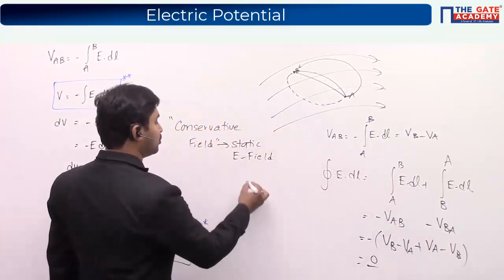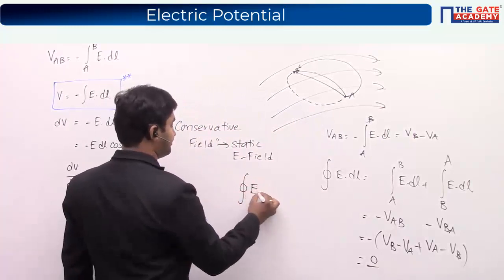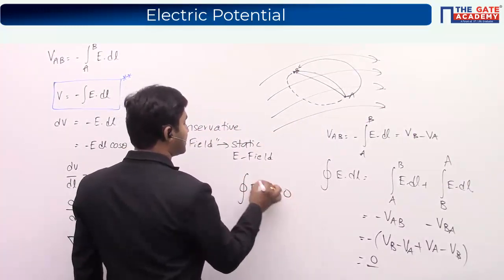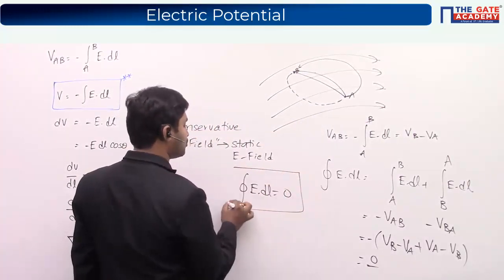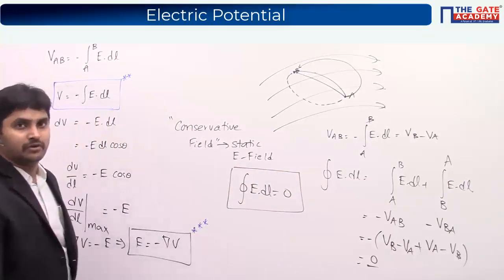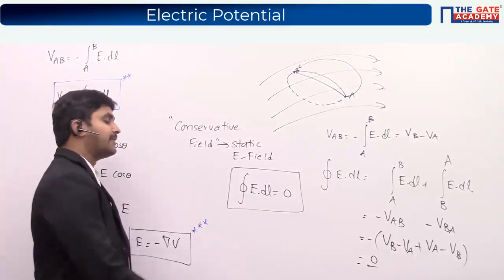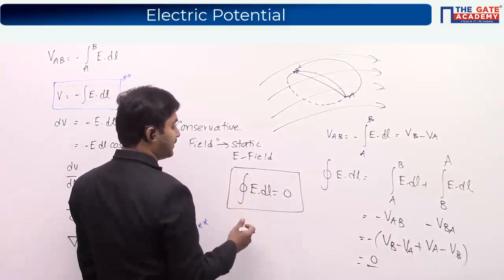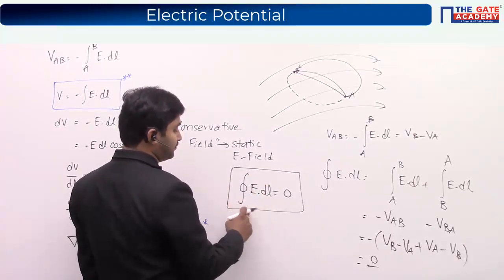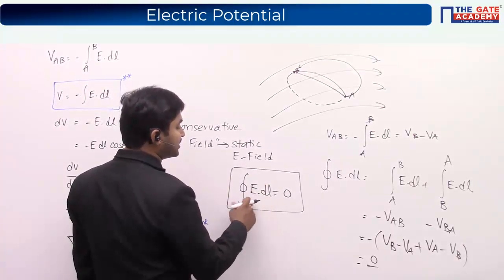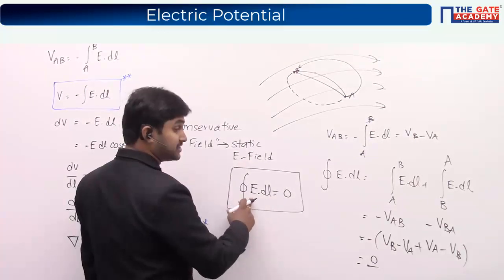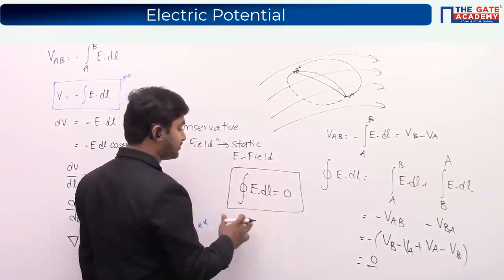It means that the closed line integral of E dot dl is equal to 0. This is one of the forms. Now I will be applying curl. Let me apply the Stokes theorem, which is a very important formula in the basics of EMT.